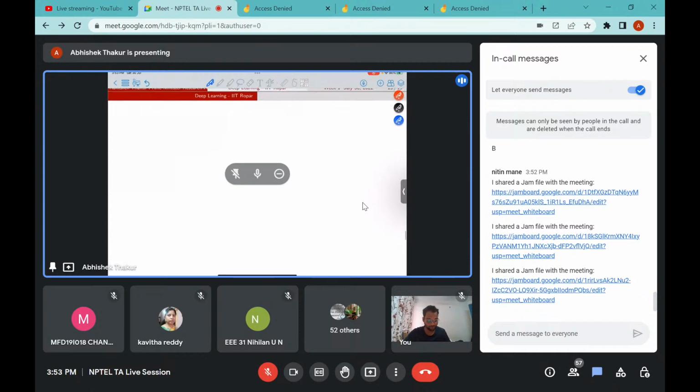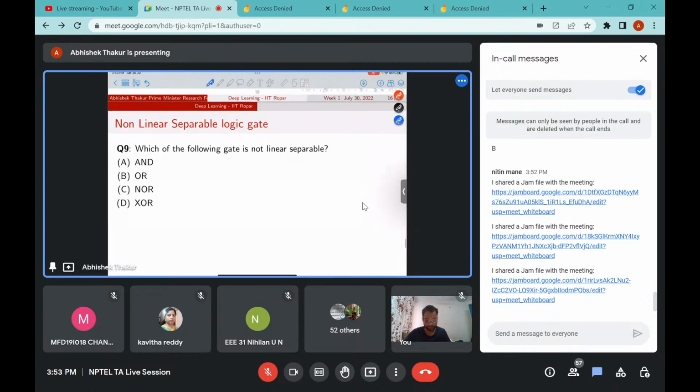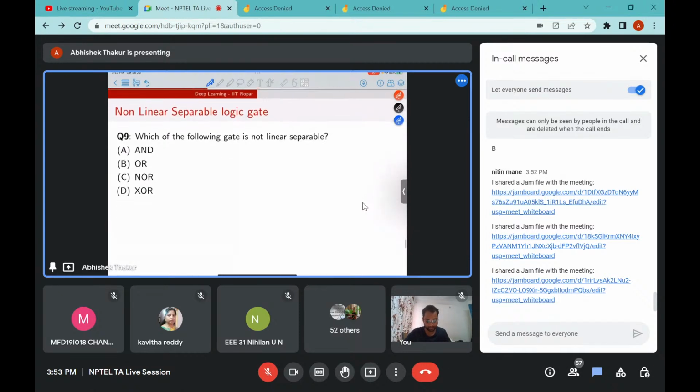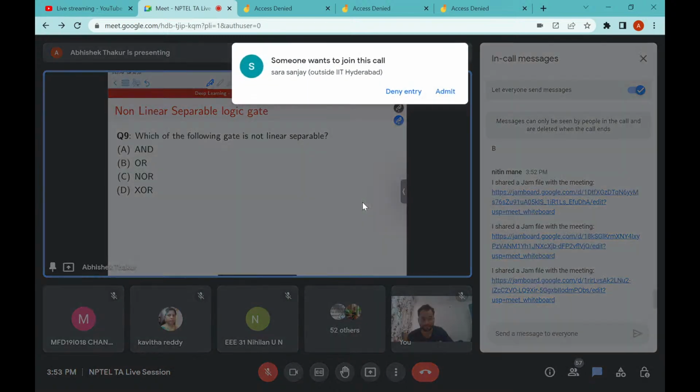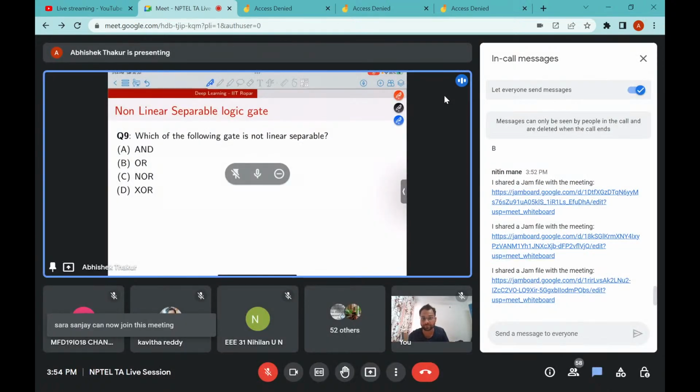Okay, so now moving on to the last question of today's lecture. We have already discussed it, but we will also discuss some more things. Which of the following gates is not linearly separable? Can you answer?